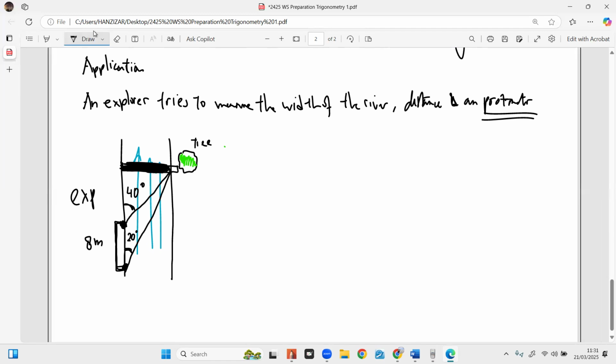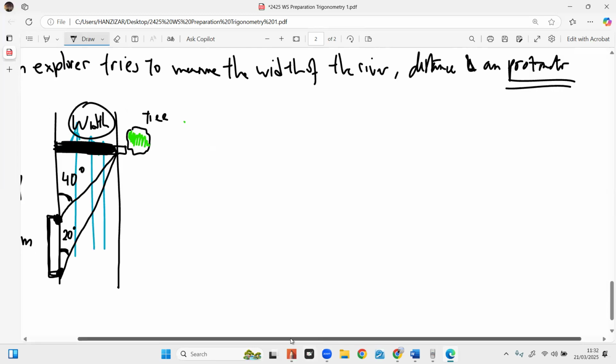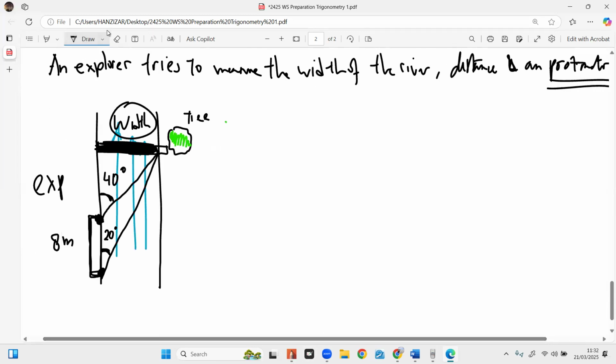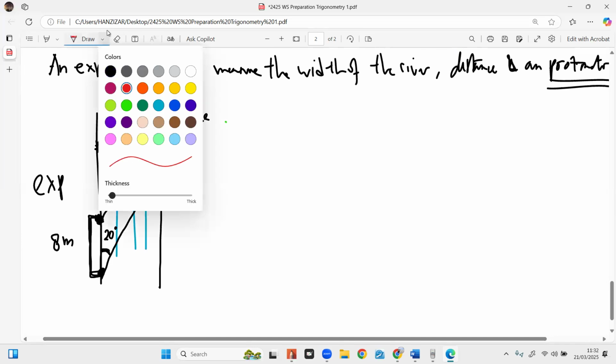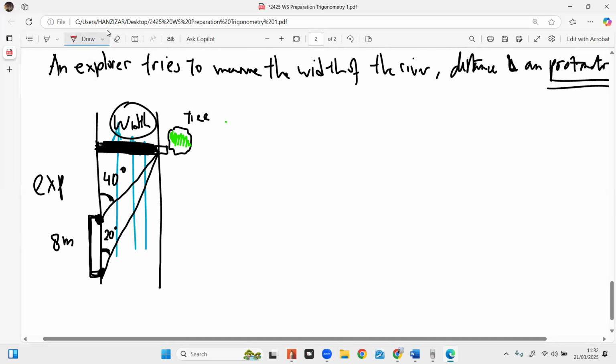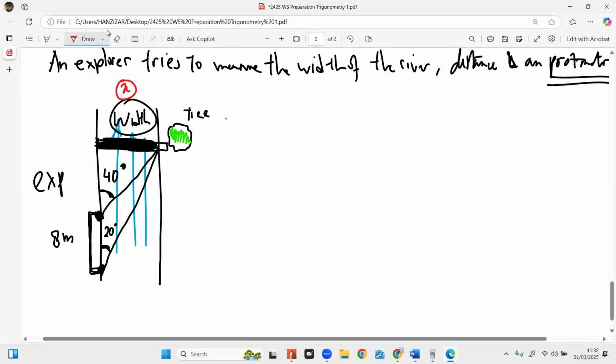Okay, let's do it. How do you find the width of the river? Later, I said later. Now, to find the width, we are finding x, right? Same thing over. This is x and this is y. I make it fast, but still clear. We use tangent 40, right?